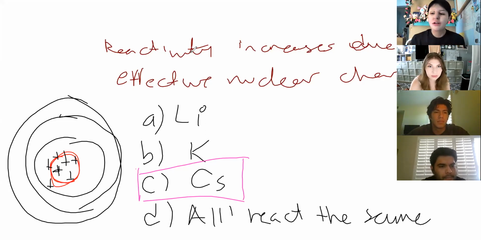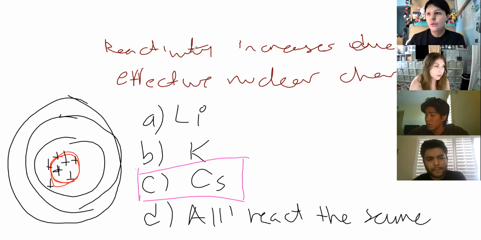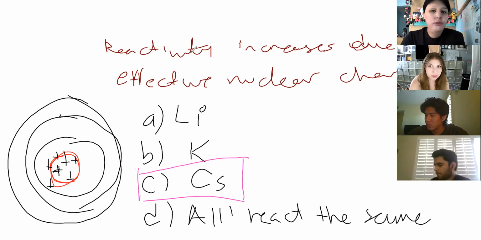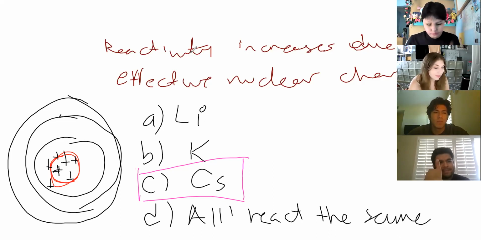I think that's a really good way to show how reactive these elements are. It also shows why cesium would be very, very reactive. All right. Does that make sense, guys? All right. You good? Okay.